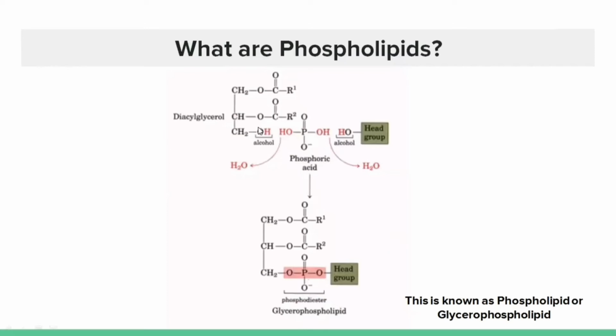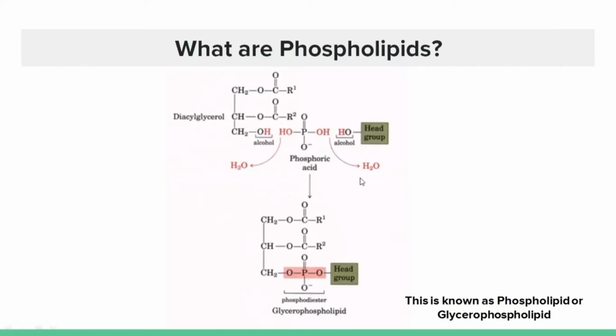Here you can see that a diacyl glycerol reacts with phosphoric acid, undergoes esterification reaction, and the compound that forms after that is known as glycerophospholipid. These are also known as phospholipids in general. The hydroxyl group of phosphoric acid can react with another alcohol group and can get attached to a compound.